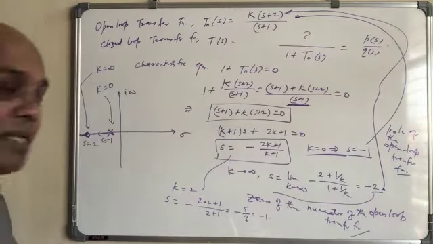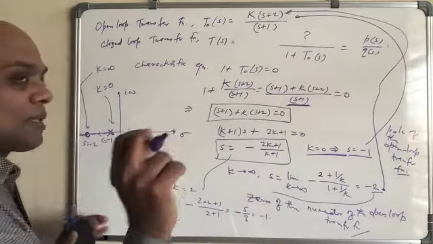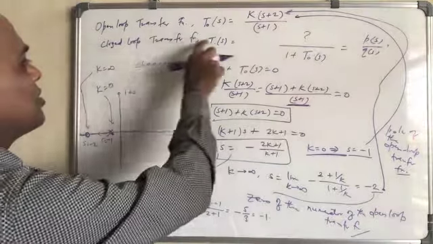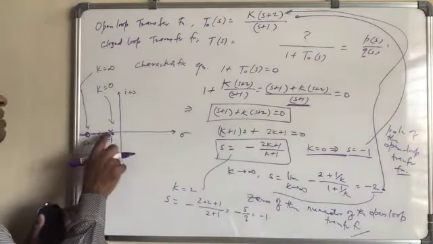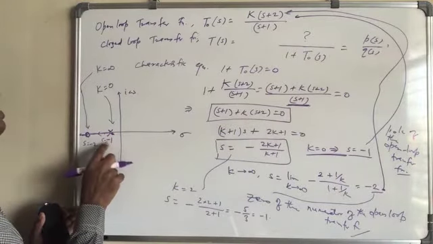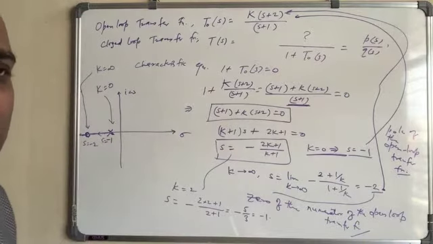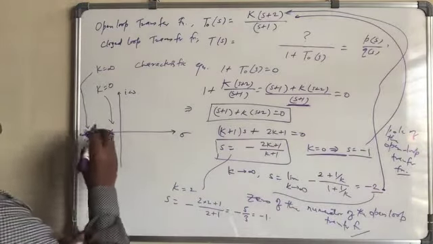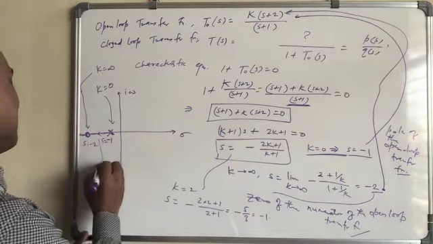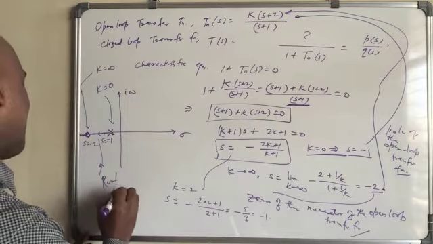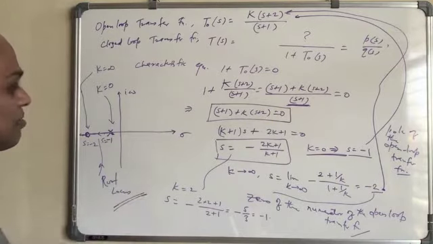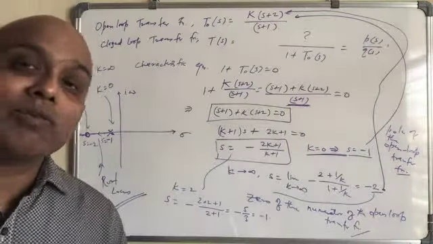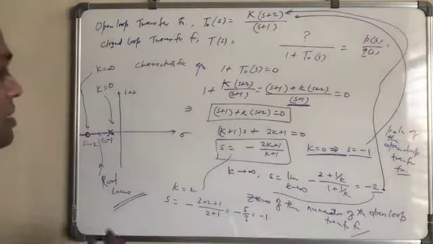What it tells you is the root of the characteristic equation for the closed loop transfer function will be confined within s equal to -1 to s equal to -2 only, regardless of what value of k you are taking. That's what it is telling you. And that's why this is the root locus you have plotted. This is a powerful way: just looking at the plot, you get to know a lot of information.